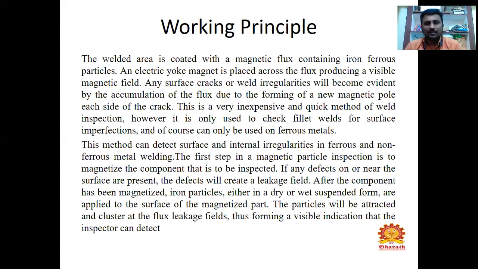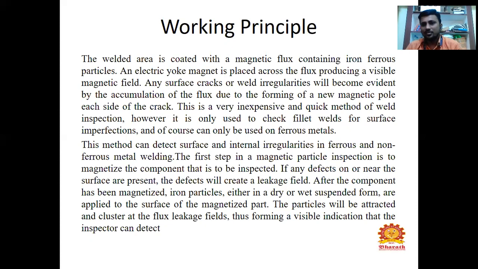Any surface cracks in the weld will become evident by accumulation of the flux, due to the forming of a new magnetic pole on each side of the crack. This is a very inexpensive and quick method of weld inspection.